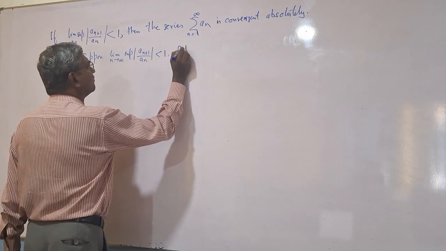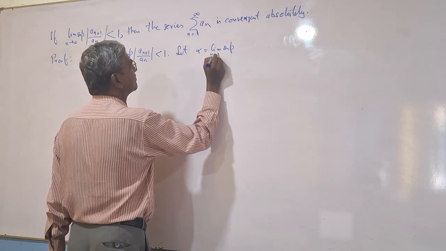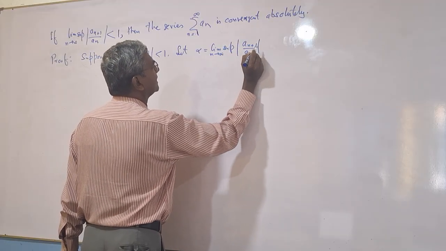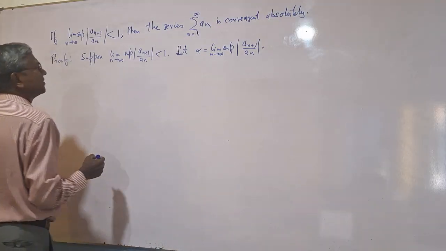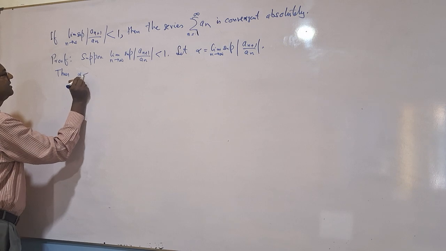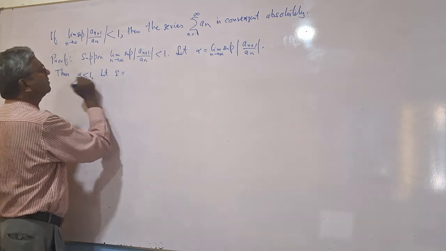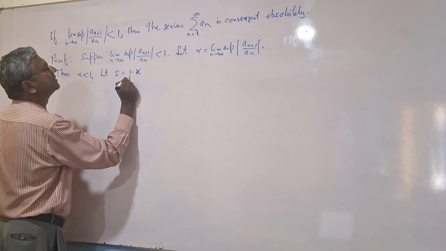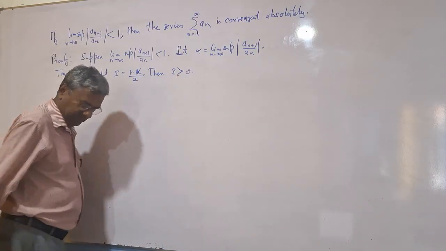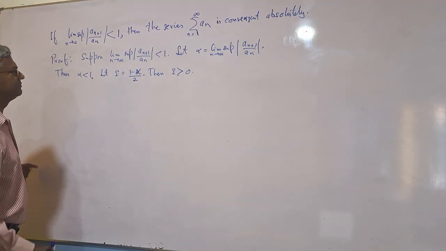Let alpha be equal to the lim sup of |a_{n+1}/a_n|. Thus alpha is strictly less than 1. Let epsilon be equal to (1 minus alpha) divided by 2, then epsilon is greater than 0. Now we are going to use the first part of the lim sup condition.